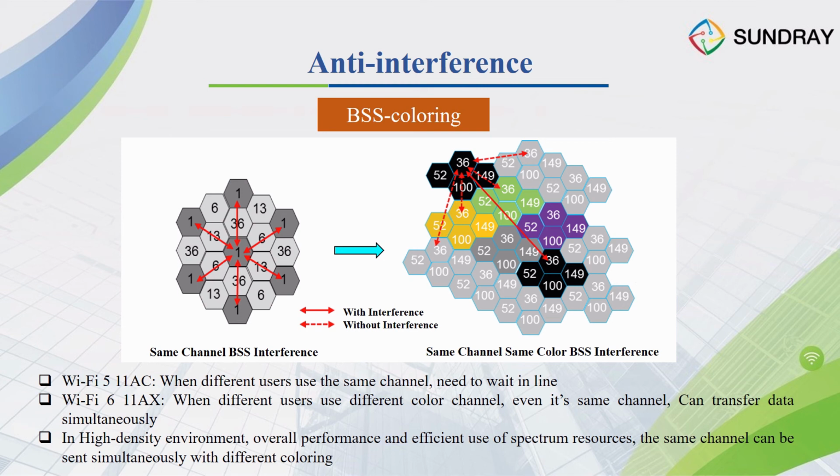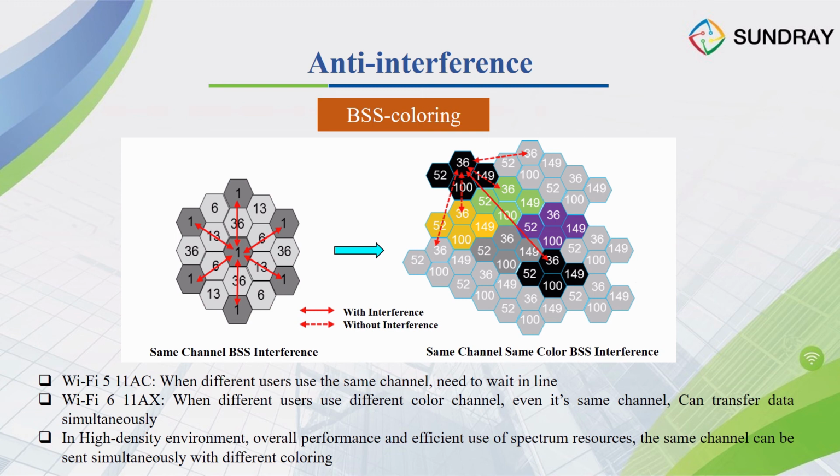We know that in Wi-Fi 6 we have this addition to the Wi-Fi layer 2 frame, so we can identify the different APs' data using that color. We can call it a color field. It's just my personal term, to help you understand.